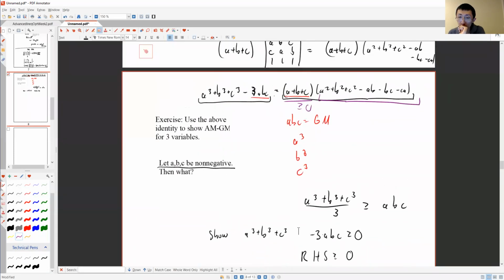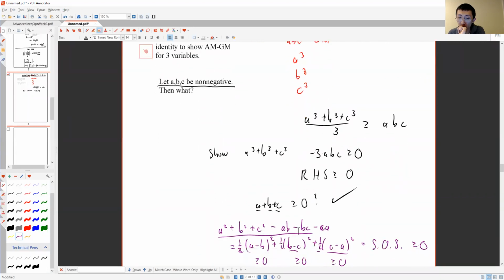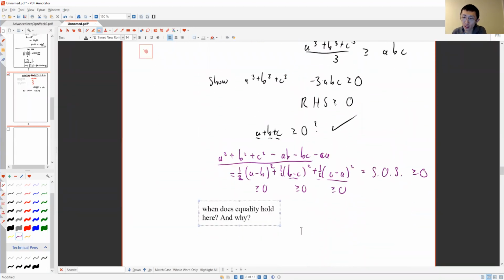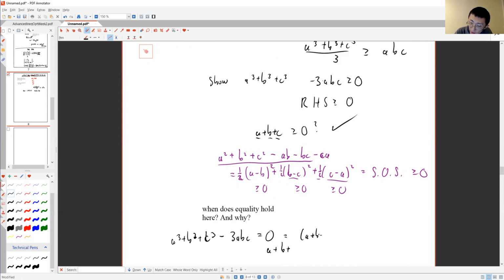We need to show the left-hand side is greater than or equal to 0. That's equivalent to showing the right-hand side is non-negative, sorry. So equality holds when the sum of the three things minus 3 times their geometric mean is equal to 0, right? So that means the right-hand side has to equal. Wait, no.